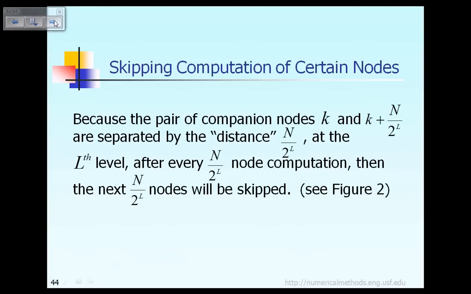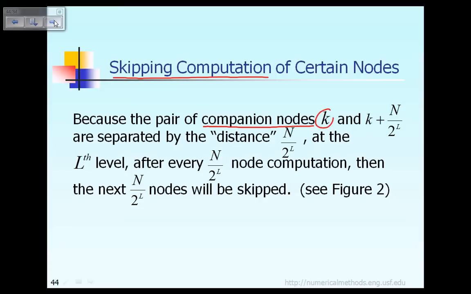This is exactly what I just said earlier. In this slide, we're talking about skipping the computation of a certain node. Remember in the previous slide, I told you we always have the companion node, like a pair of nodes.